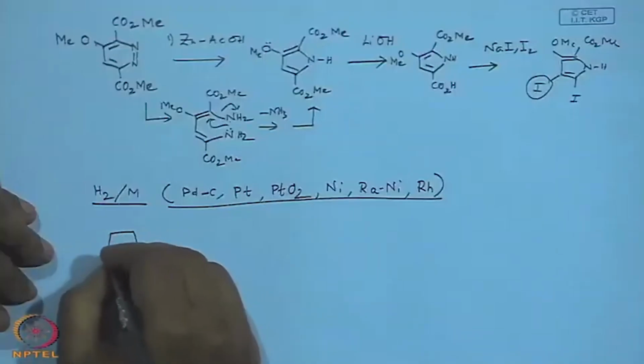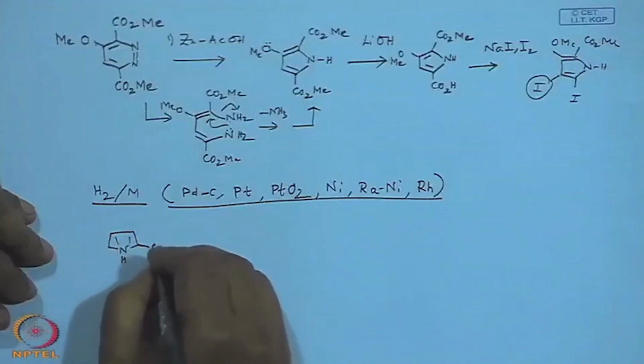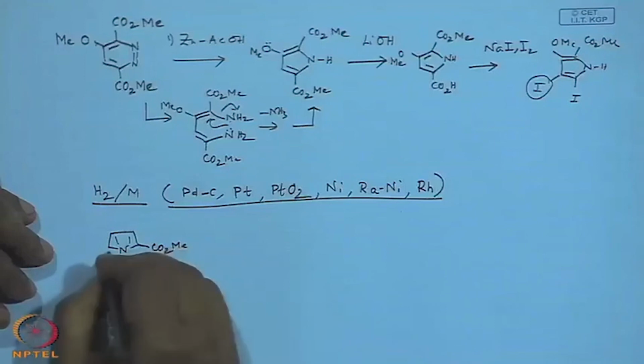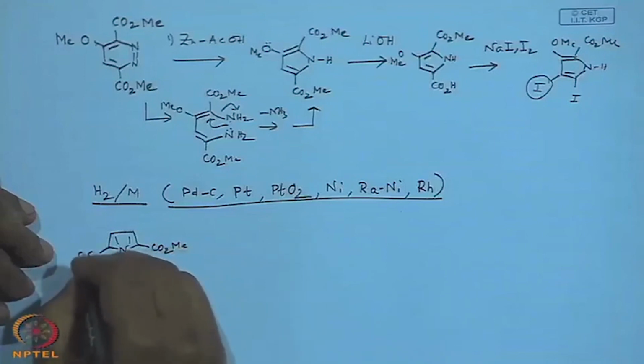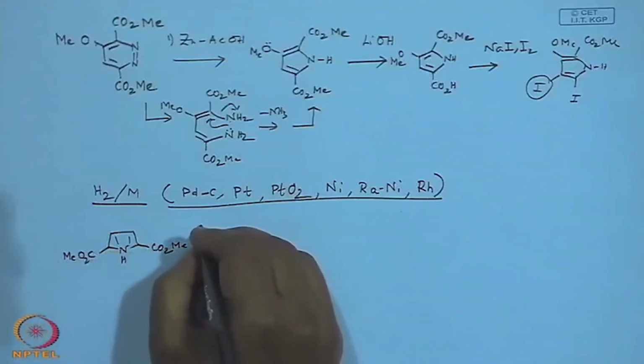An example is, let us say you have a pyrrole with a carboxylic ester on one side and a carboxylic ester on the other side, and you subject it to hydrogenation.